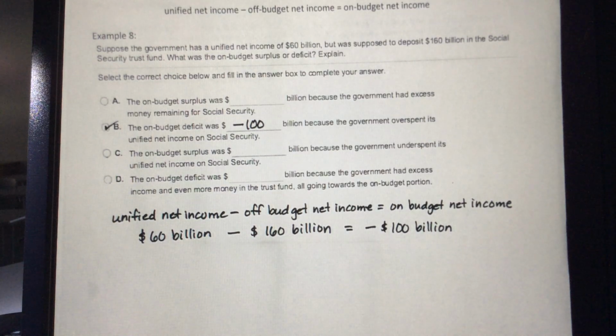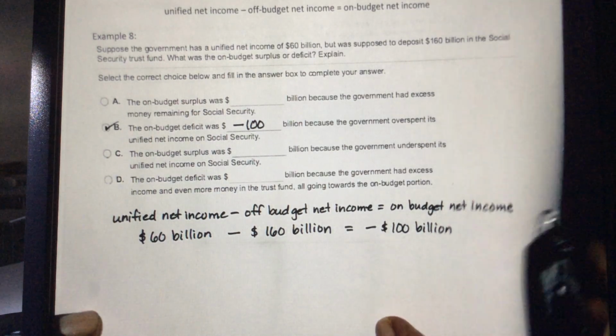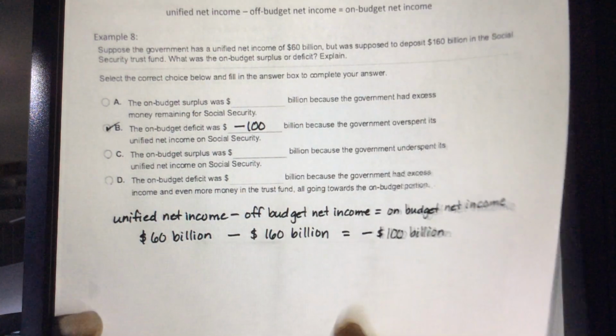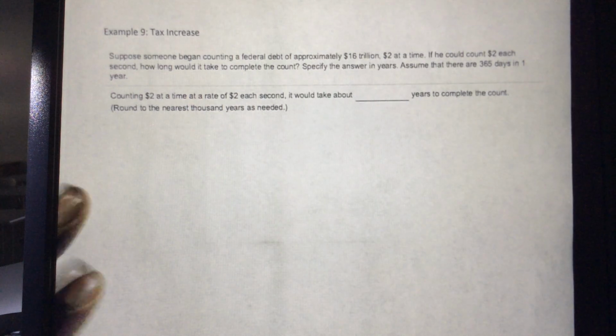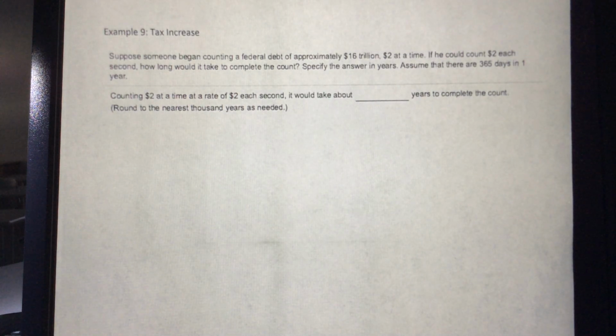Okay. All right, this last example deals with a tax increase. In this case, suppose someone began counting a federal debt of approximately $16 trillion, $2 at a time. If he could count $2 each second, how long will it take to complete the count?